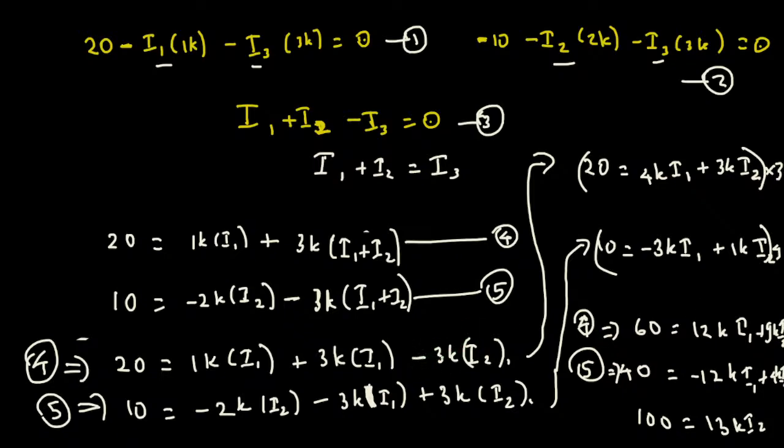So minus 2k I2 minus 3k I2, this is minus 5k I2 that should be here. Minus 5k I2, and if I multiply this one by 3, that's 15, minus 15k I2. Okay, so these two are eliminated, then minus 15 plus 4, that is minus 11k I2.